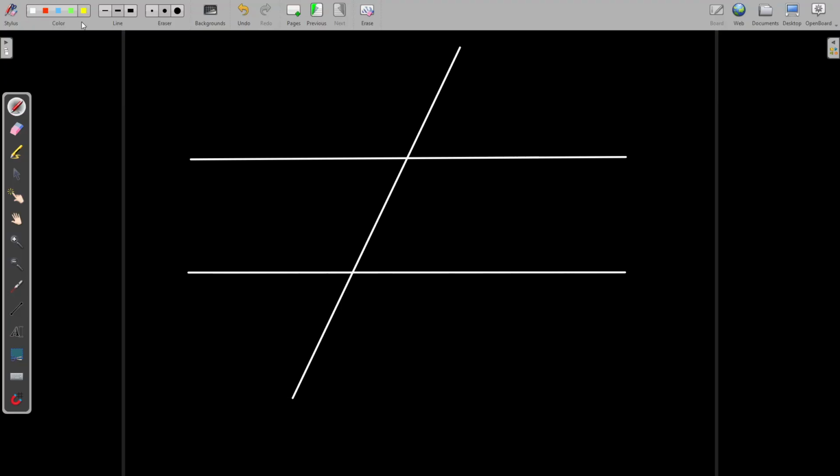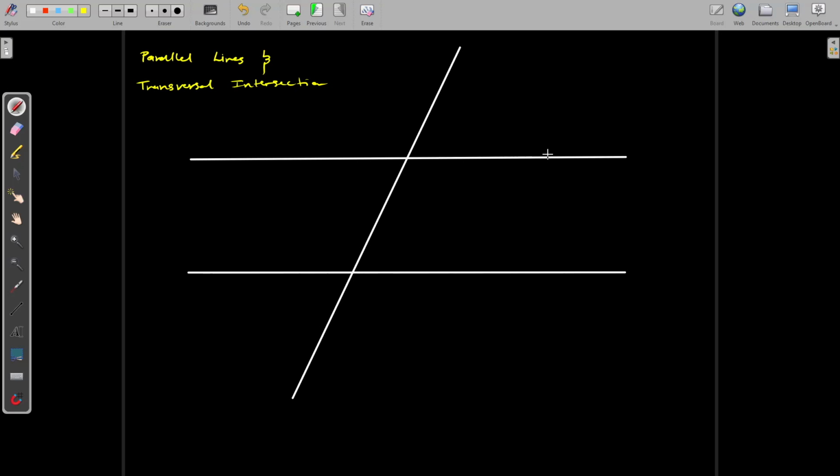Alright, so what we have here is parallel lines and its transversal intersection.